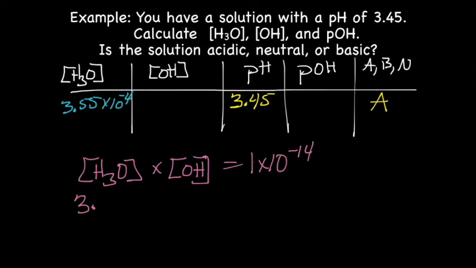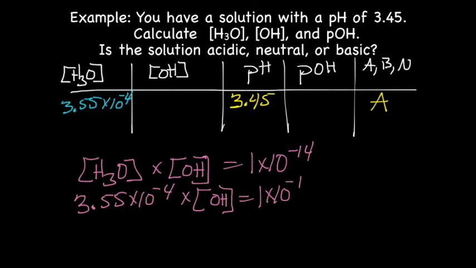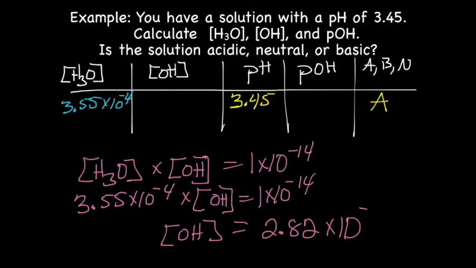So it's going to be 3.55 times 10 to the negative 4th times the concentration of OH, which equals 1 times 10 to the negative 14th. So that gives us an OH concentration of 2.82 times 10 to the negative 11th.